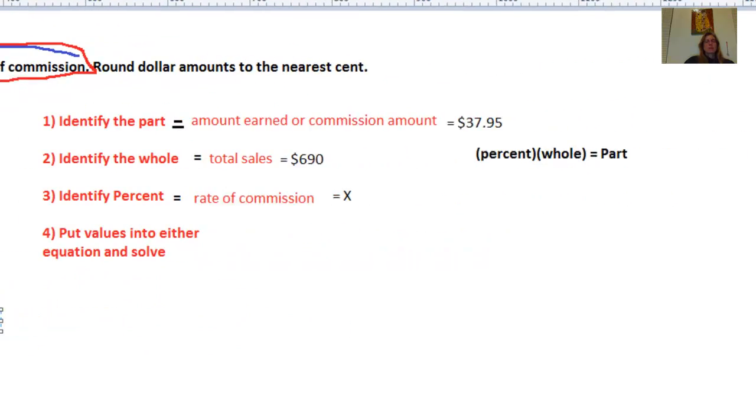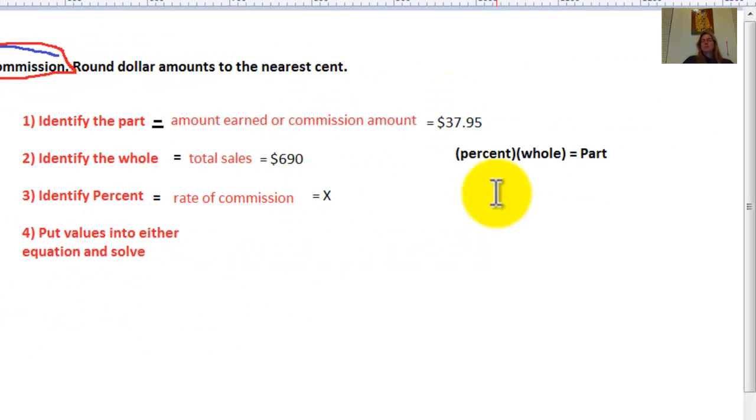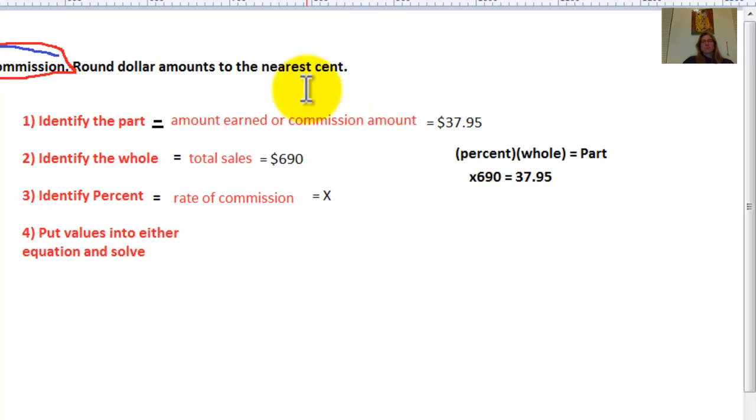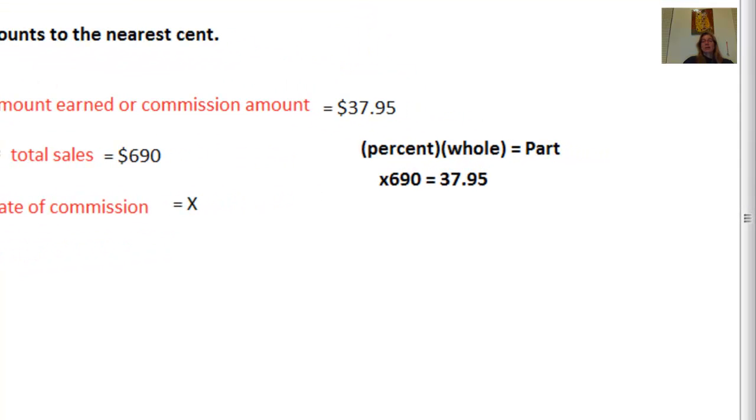Rate of commission. Okay, so then if we plug these same numbers into this problem here, which is our percent, it becomes X, and we're going to multiply X by the whole, which is $690, and that will be equal to our part of $37.95. Let's get rid of that dollar sign so it's a little easier to read. So we're going to have to rearrange this problem because we have an X that's multiplied by the 690.